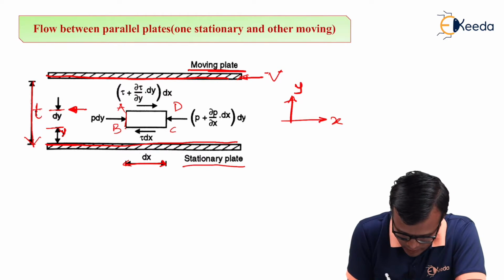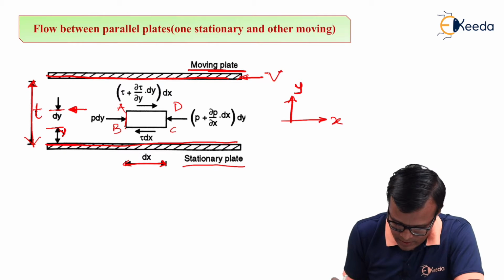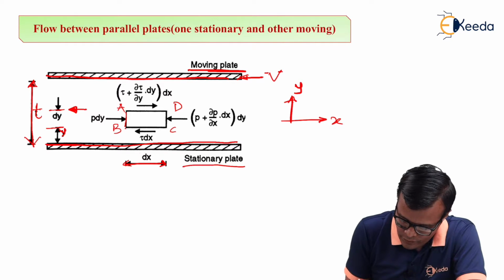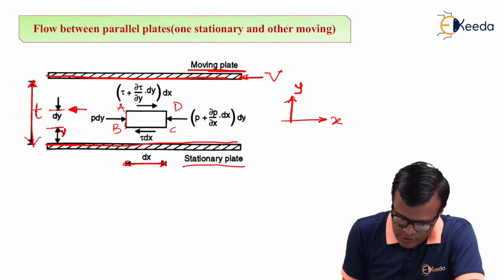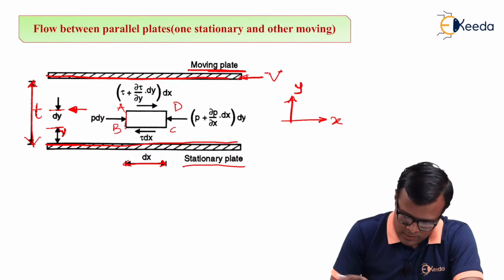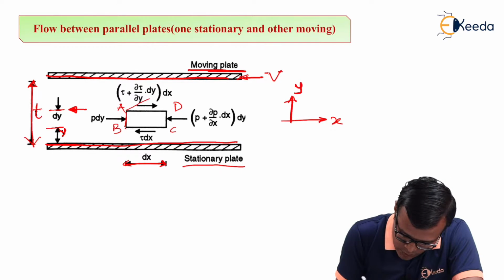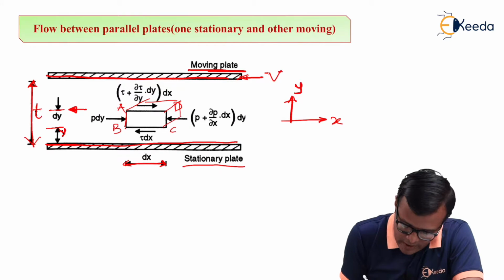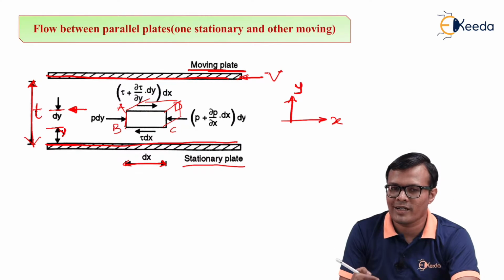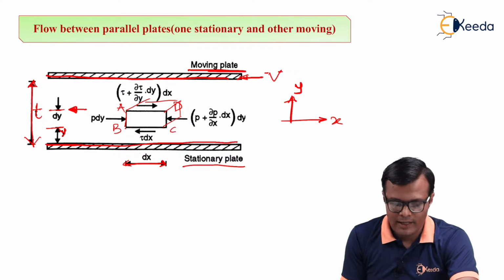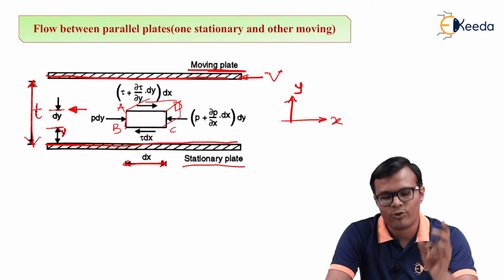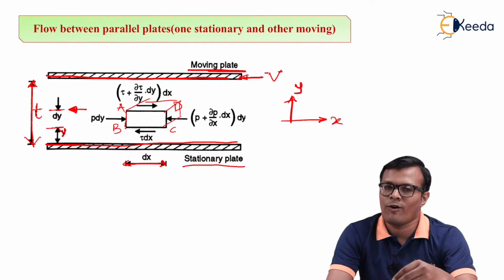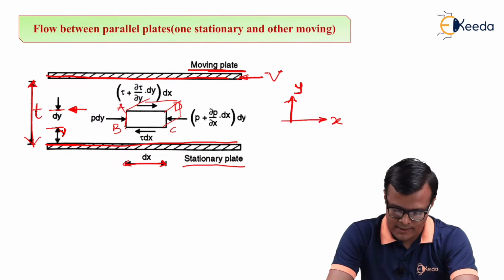This gap is nothing but the total thickness, that is the total value of y. We are going to consider the width equal to 1, say this is a three-dimensional element. Then we are considering that there are total 4 forces acting on 4 different faces.